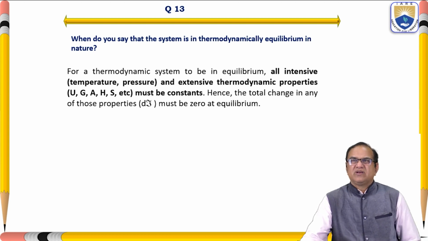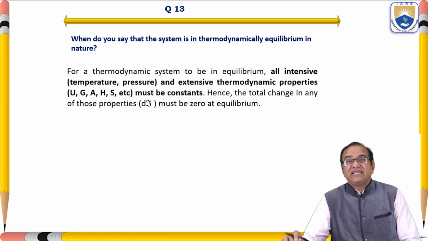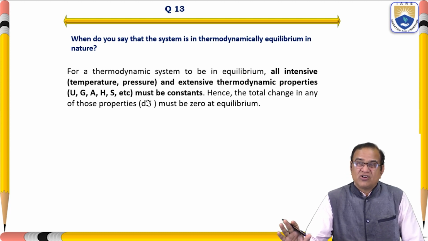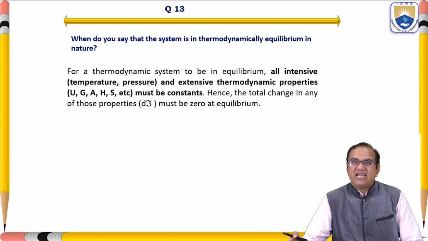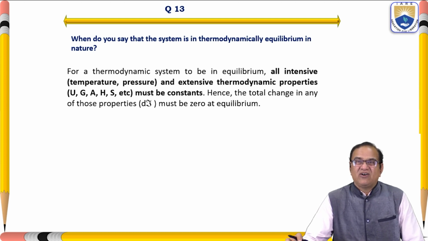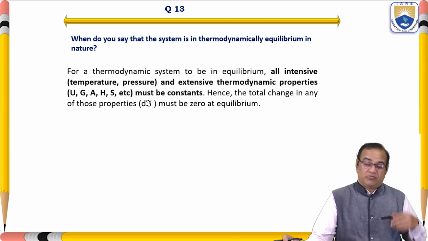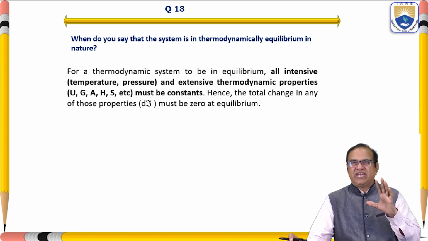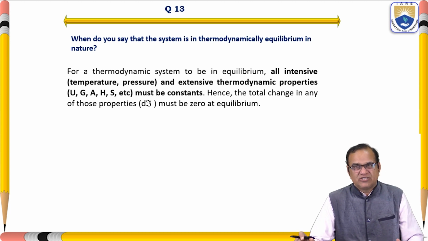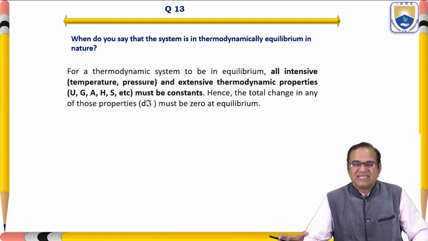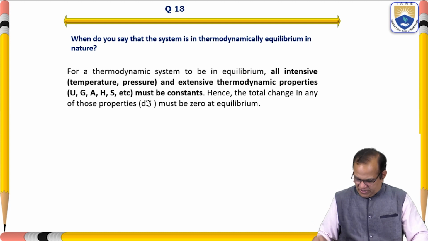So, if all intensive and extensive properties are constant, we can say that it is in thermal equilibrium. Hence, the total change in any of those properties must be zero at equilibrium. So, if there is no change of any extensive or intensive property, then we can say that the system is in equilibrium.